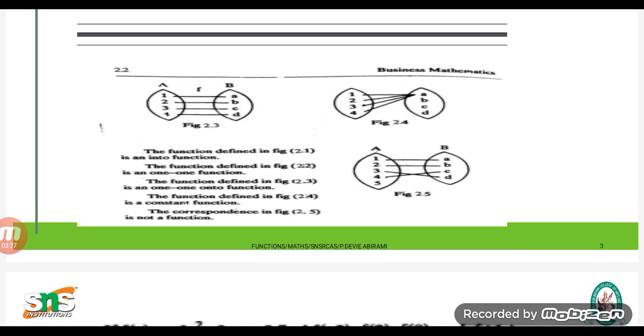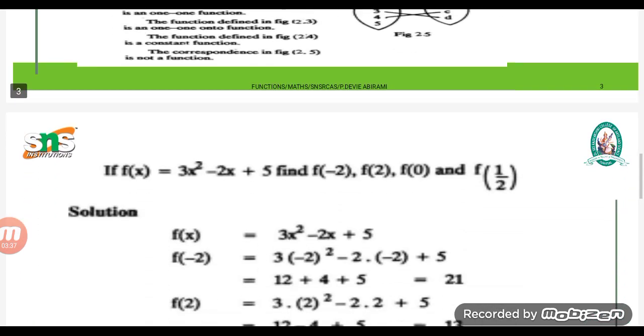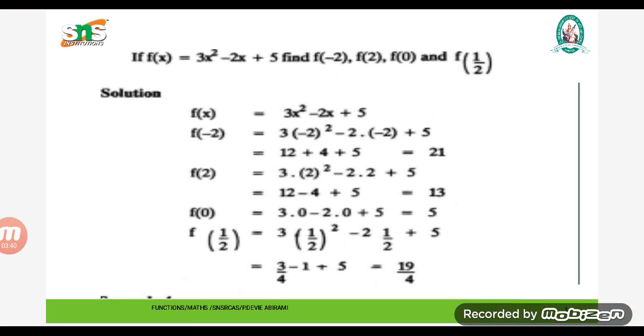Whereas my fifth is not a function because an element in A is left over, that is, the number 5 is left over in A. Therefore, it is not a function.